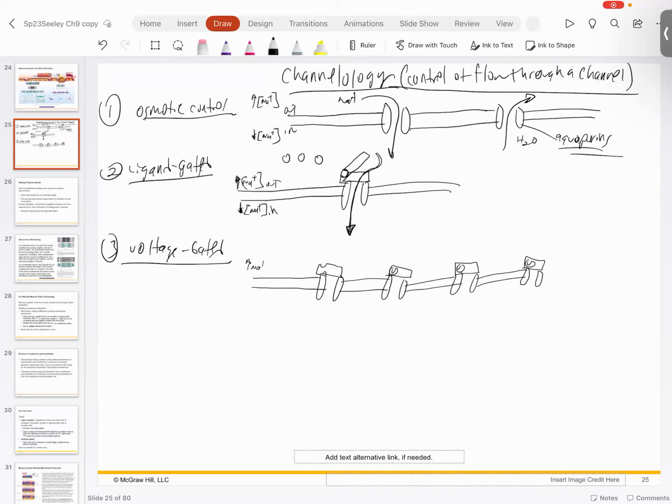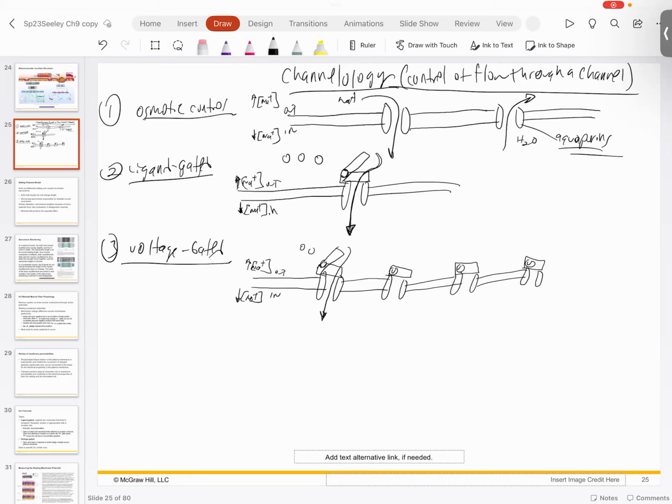So I have high sodium on the outside, low sodium on the inside. Now, let's imagine that we're going to basically bind to this gate first. I'm going to open up that ligand gate, right? And then what happens to sodium? Where does it go? It's going to rush in.